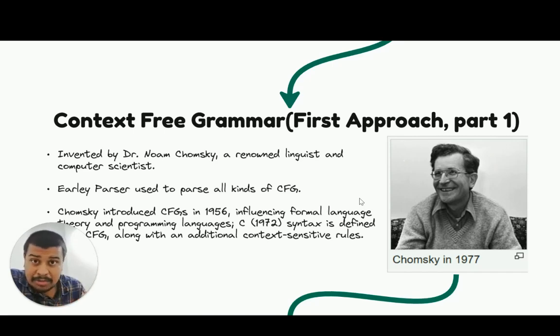It was the same technique that was used even for the C programming language's compiler. For the compiler to understand and validate the syntax that is written in a programming language that is similar to a natural language, that actually happens through these context-free grammar rules.